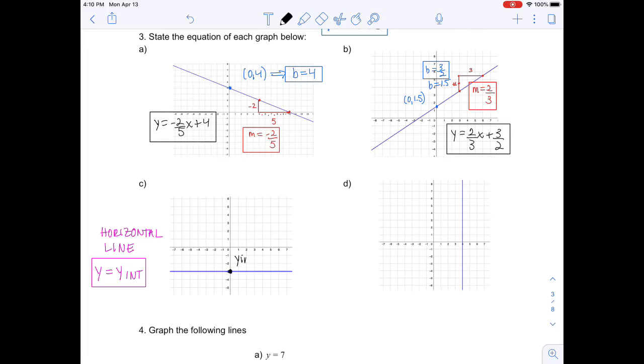I can see here that the y-intercept is (0, -3). What's special about all horizontal lines is that they all have a y-intercept, and they have potentially no x-intercept unless they're the same as the x-axis. So every horizontal line has a y-intercept, and so we can write the equation of the line as y equals y-intercept. So this guy here is our answer.